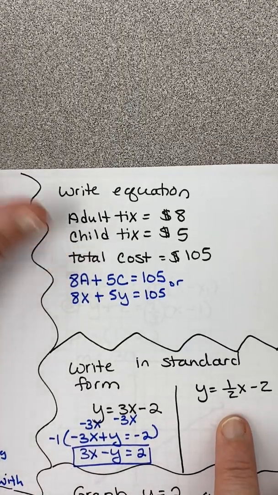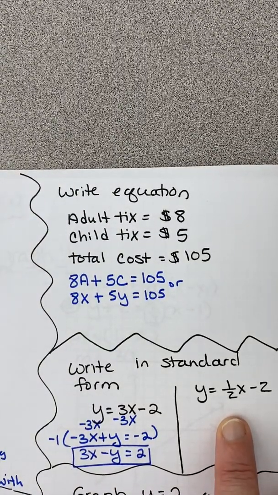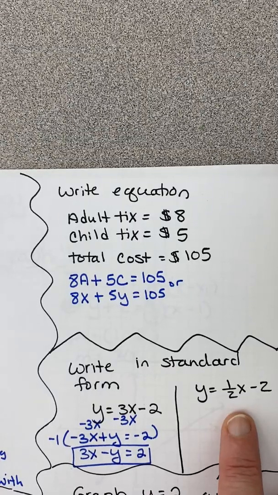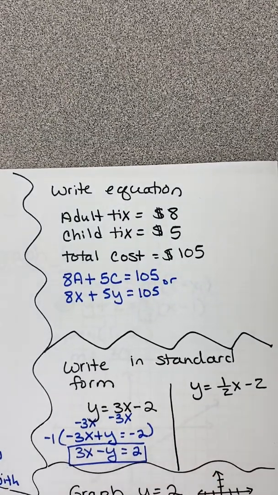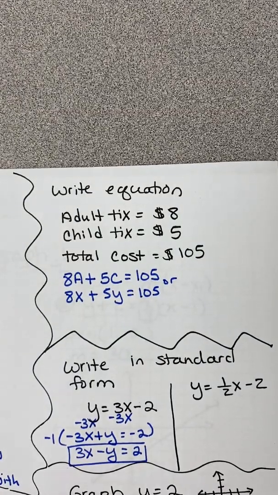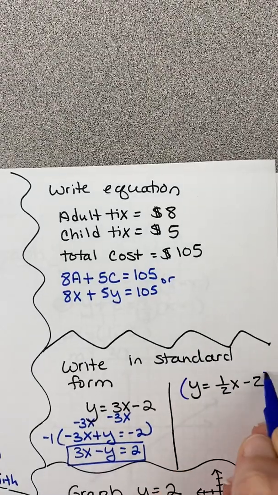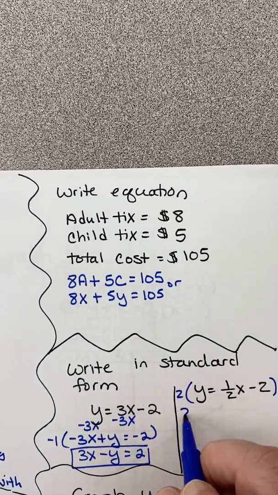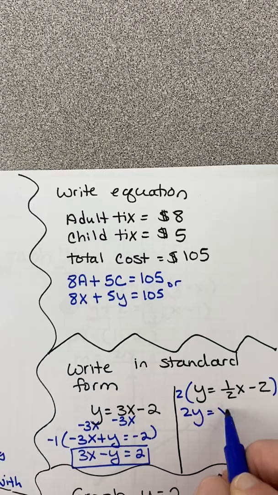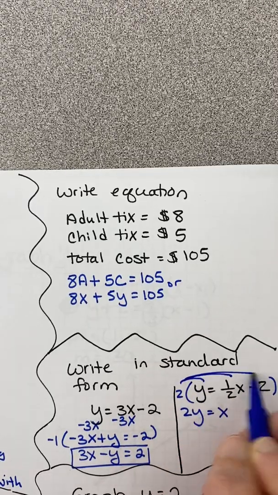They want both of these in standard form. Now the problem with this second one is that it can't have any fractions. Standard form can't have any fractions anywhere in it. So I'm gonna get rid of that fraction by multiplying the entire thing by 2, the denominator. So now I have 2y equals x minus 4, because I'm multiplying this to everything.